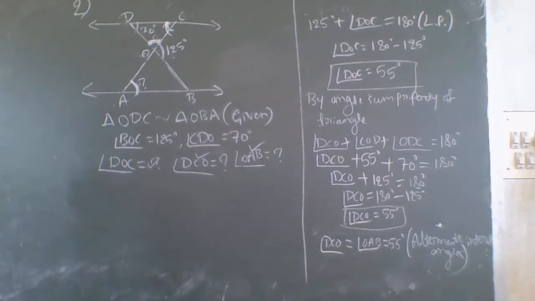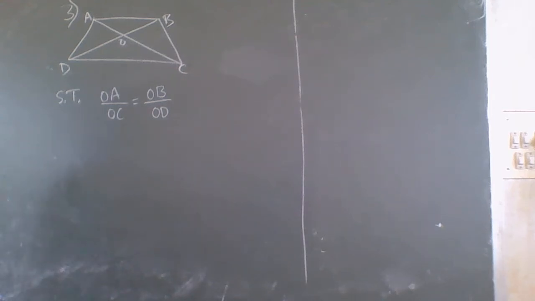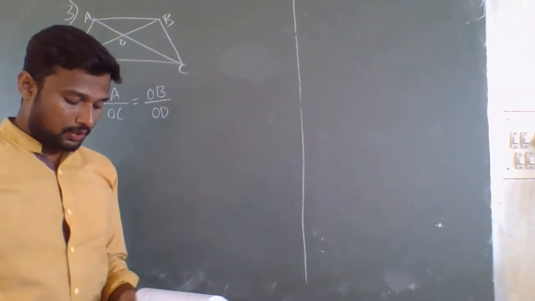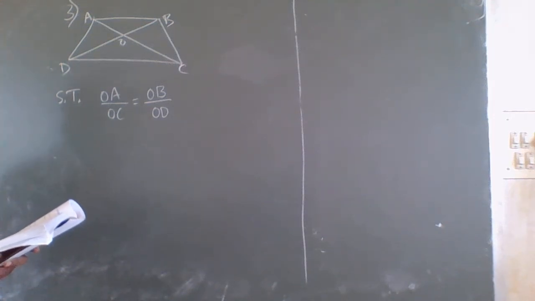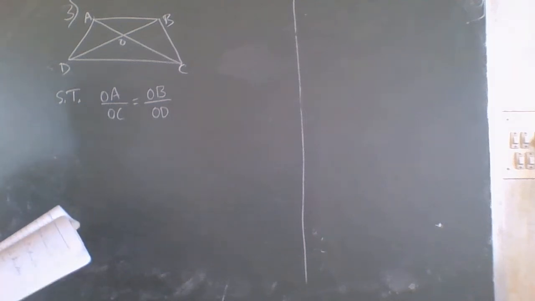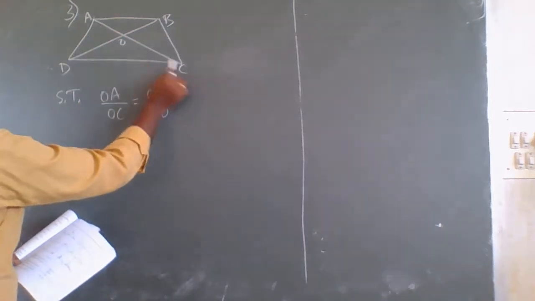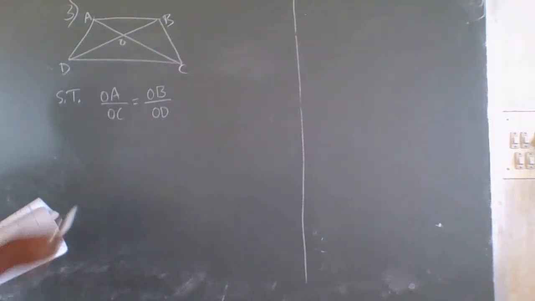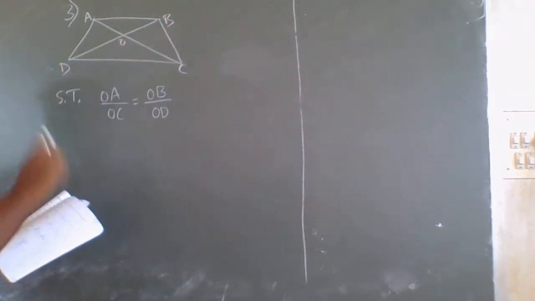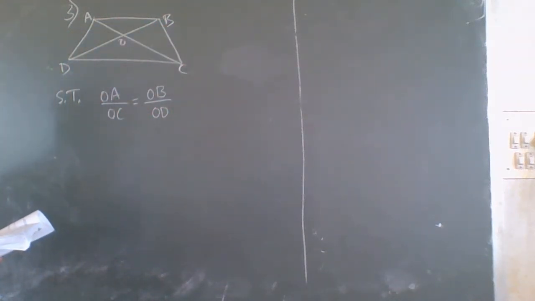Now we move to the third problem. For the third problem, no diagram is given, but for reference, we can use this diagram. Here, diagonals AC and BD of trapezium ABCD, with AB parallel to DC.